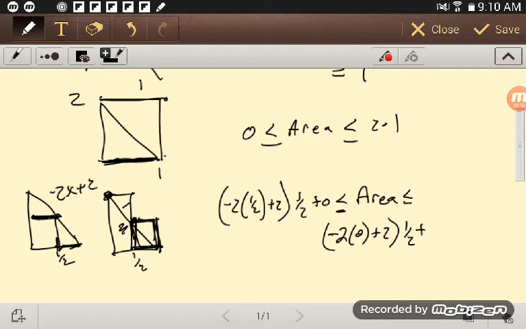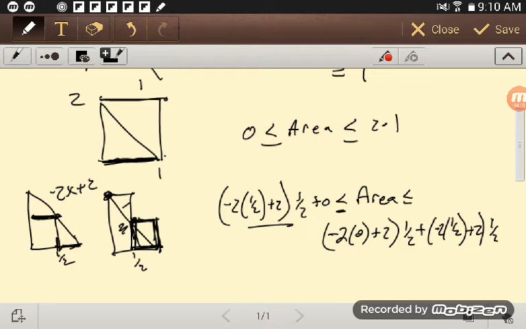Okay, that's the same as that thing, so that's minus 2 times 1/2 plus 2 all times 1/2. And so what the heck did we get for that?